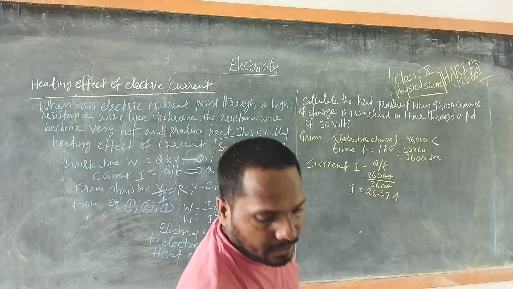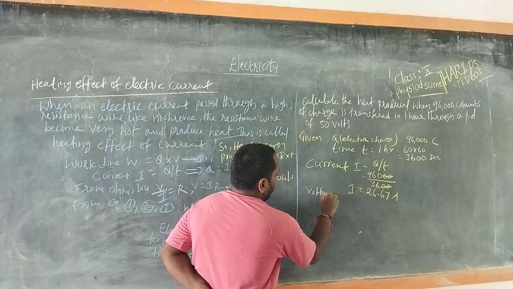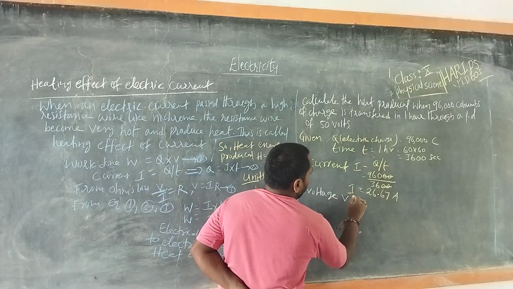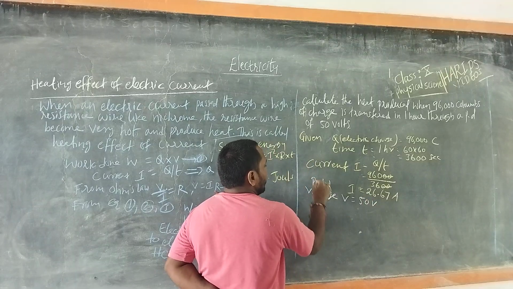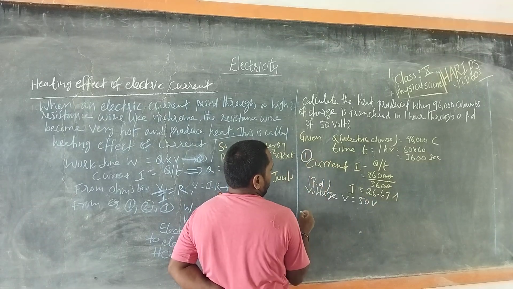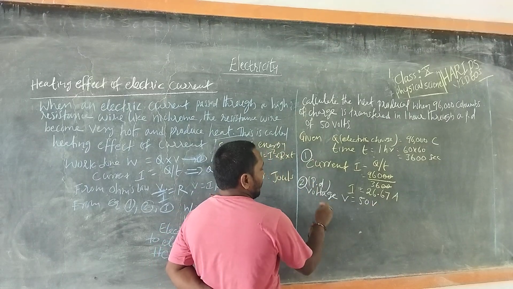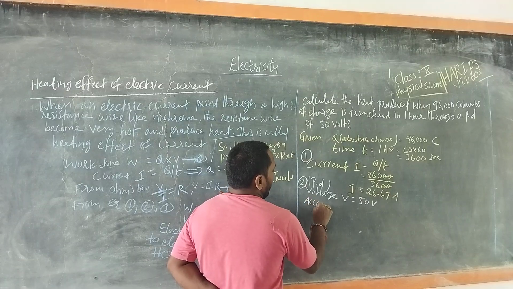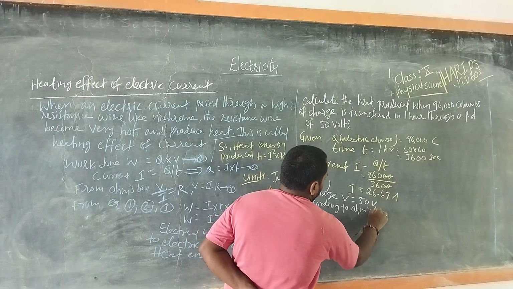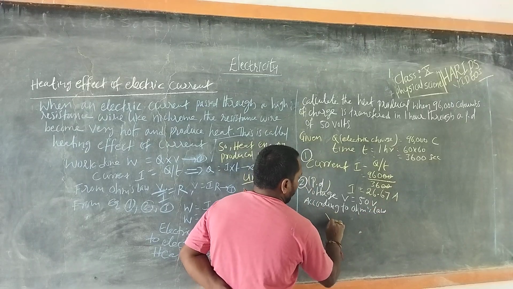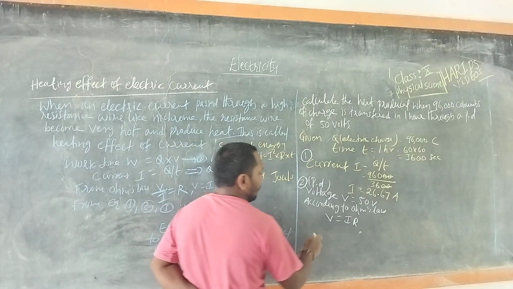Now calculate the resistance. Voltage given in the problem: voltage V is equal to 50 volts, nothing but potential difference. According to Ohm's law, V is equal to IR.